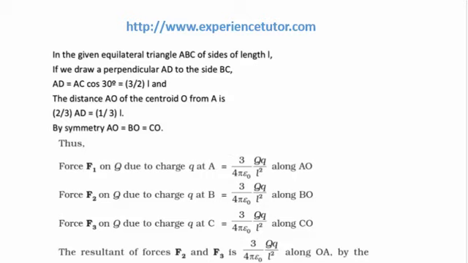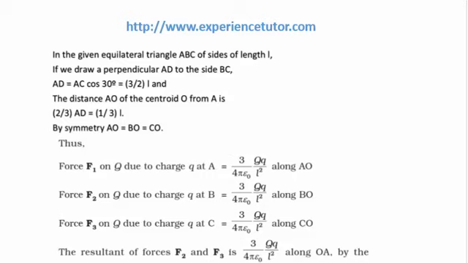Thus, force F1 on small q due to the charge capital Q at A is equal to 3 by 4 pi epsilon naught, capital Q small q upon L square, along AO. Force F2 on small q due to the charge capital Q at B is equal to 3 by 4 pi epsilon naught, capital Q small q upon L square, along BO.